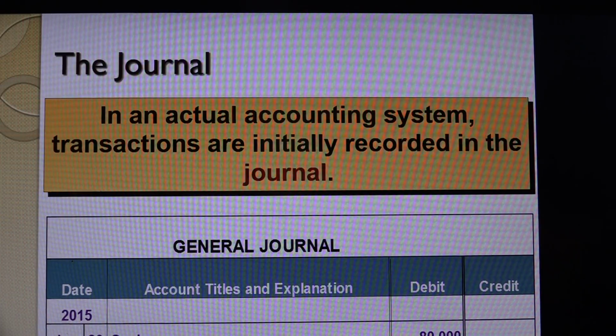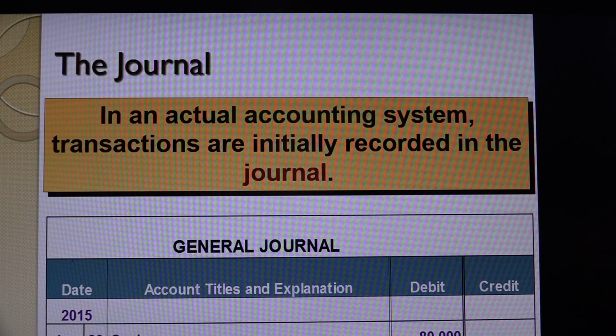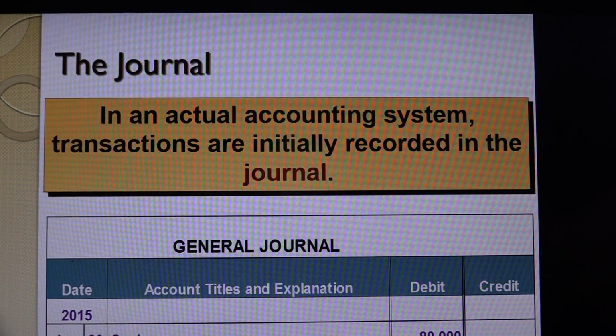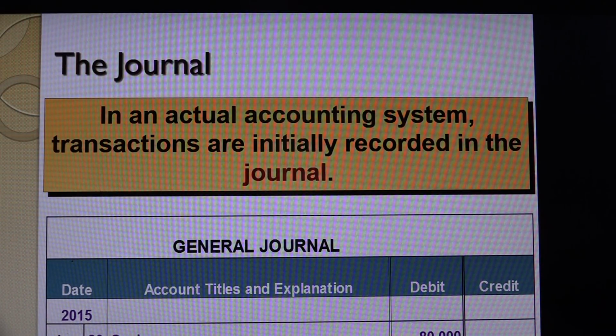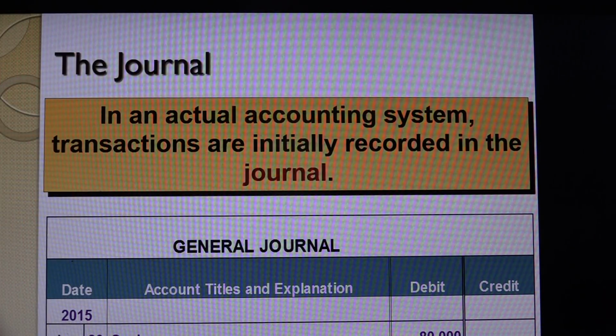From there, the computer software automatically records what's been recorded in the general journal to the various ledger accounts. So in this instance, you record cash, the first transaction, cash, 80,000 debit, capital stock, 80,000 credit, and then you note what the transaction was about.